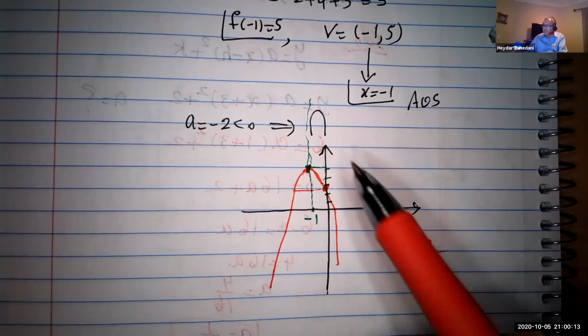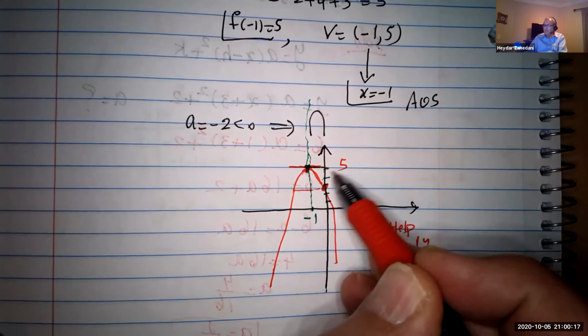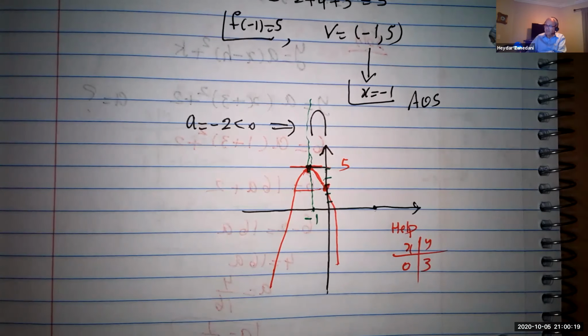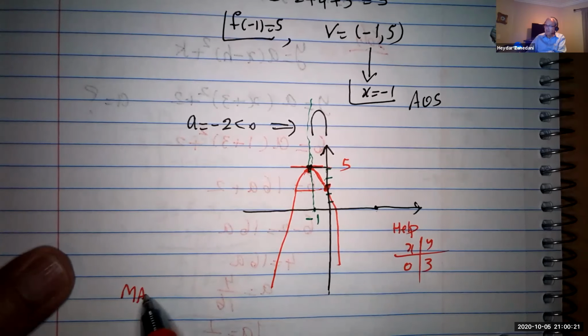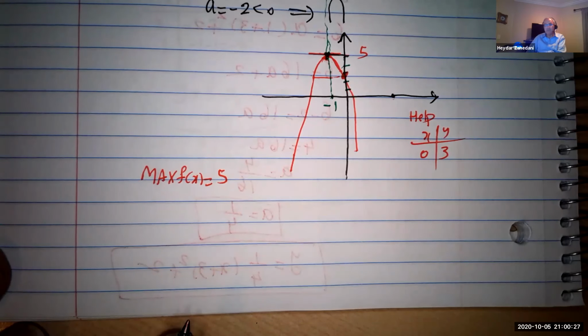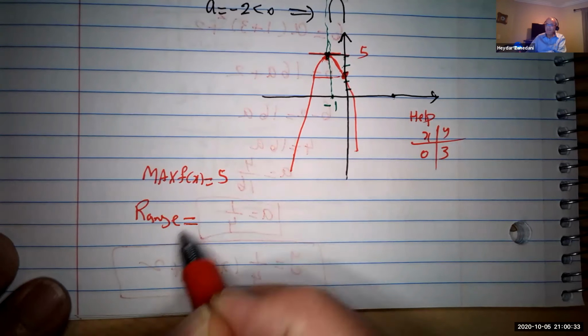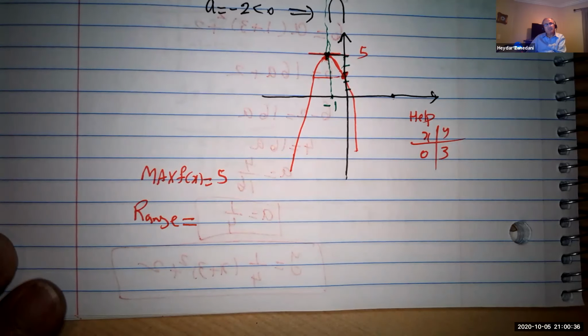Okay, they didn't ask, but if they do, this is 5. So the maximum is 5. Okay, the max value of the function is 5. What's the range of this function? Range? Any suggestion?